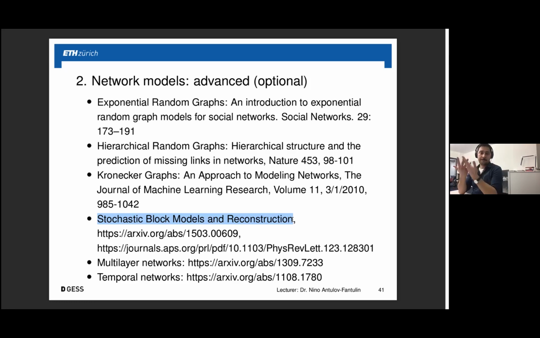The natural question is, if you see a real network, can you infer these blocks? Now we are naturally talking about communities. We have to define what a community is. We will define it in one of the next slides.